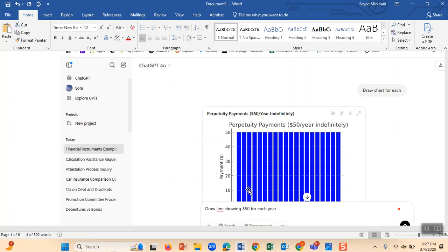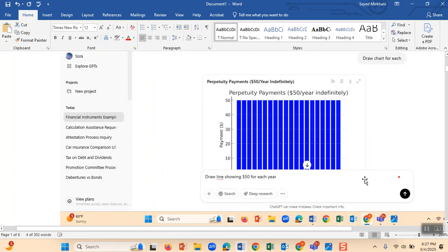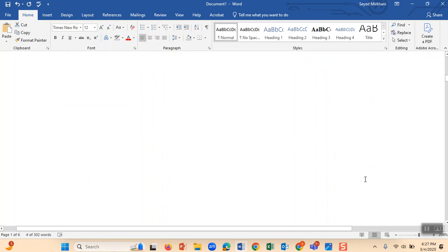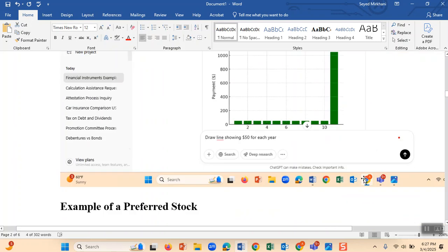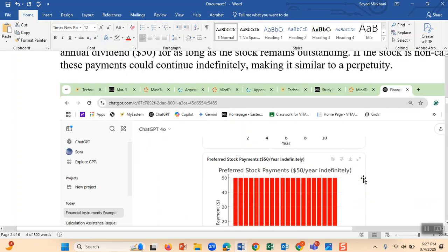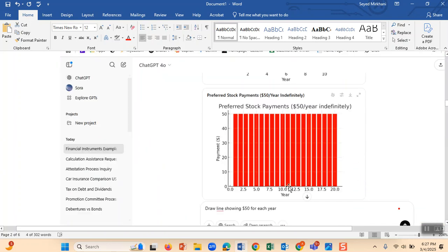You are the owner of those preferred stocks. Therefore, you are going to get $50 as long as you have not sold them. They have a feature of perpetuity. Indefinitely, you get that $50, for example.